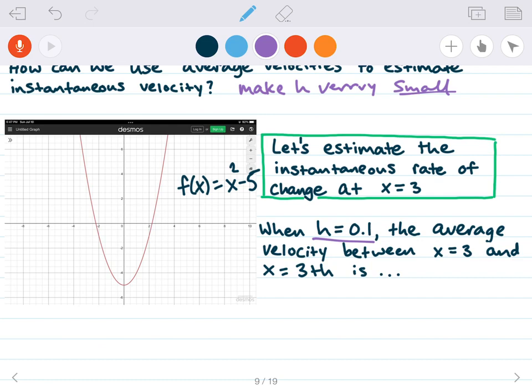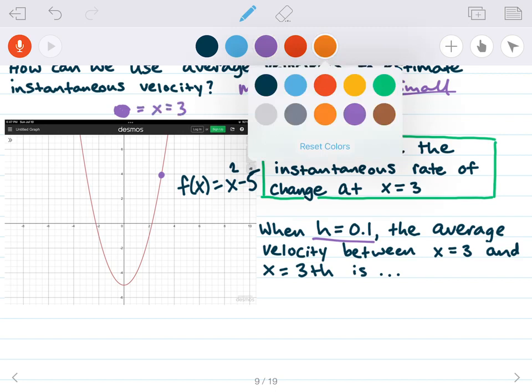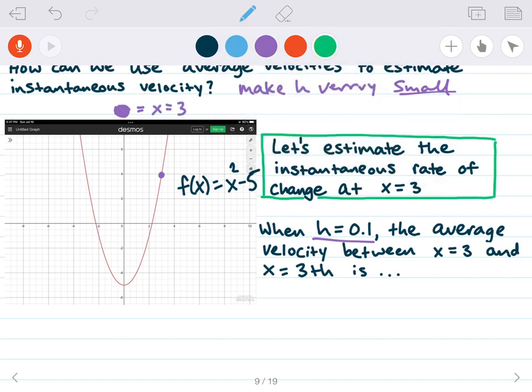Okay? So the first thing, here x is 3, right here is purple. So let's say the purple point, x equals 3, and maybe I'll do the green point as 3 plus h. So 3 plus h in this case, if h is 0.1, x is going to be 3.1, right? 3 plus 0.1.